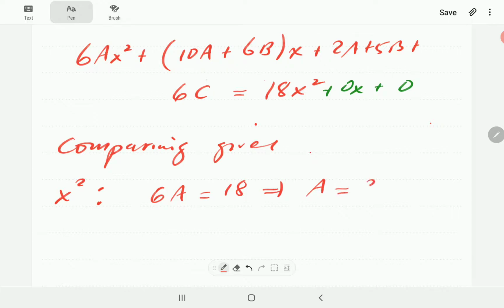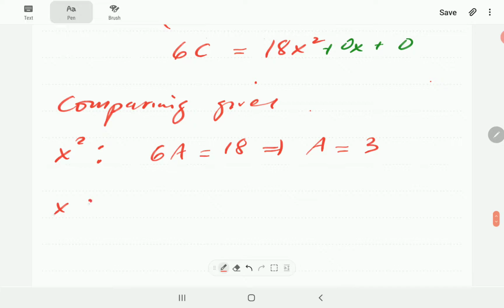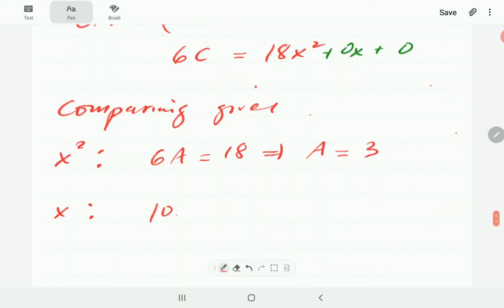So this tells us that a is equal to 3. Coefficients of x on the left hand side, we have got 10a plus 6b.